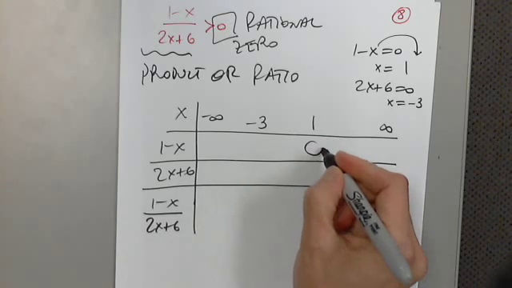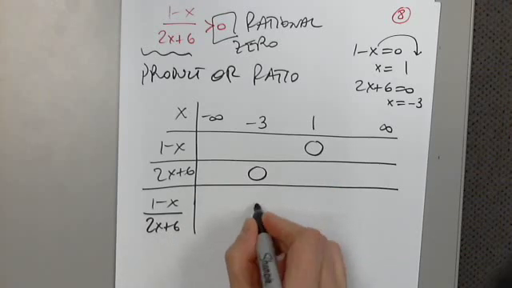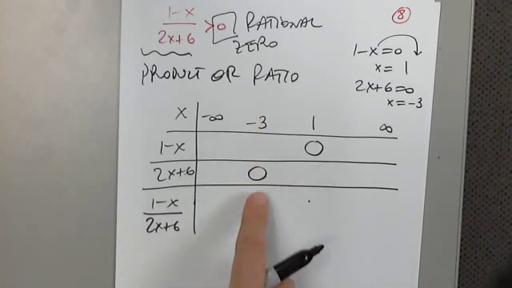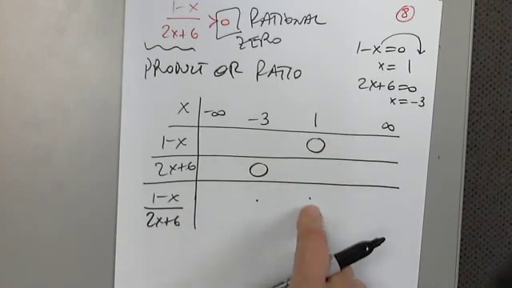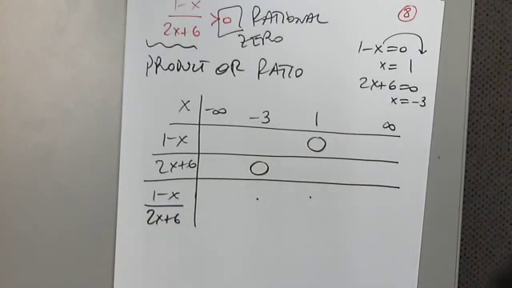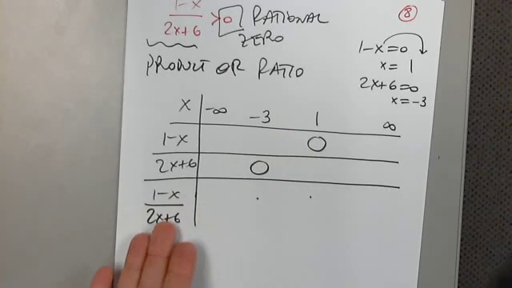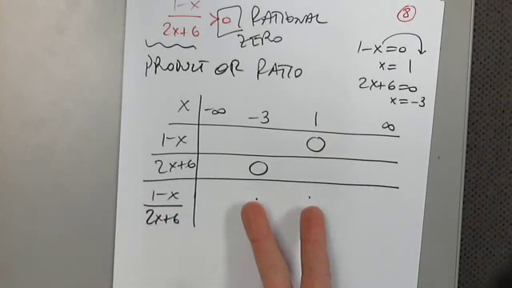Obviously, there is a 0 here and a 0 here. But now I need you to tell me what do I write under negative 3 corresponding to the ratio, and what I write under 1 corresponding to the ratio. In other words, when x is negative 3, what does this equal to? When x is 1, what does this equal to? So I can put these in here. Which one?